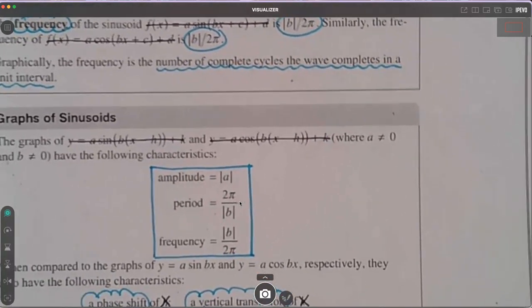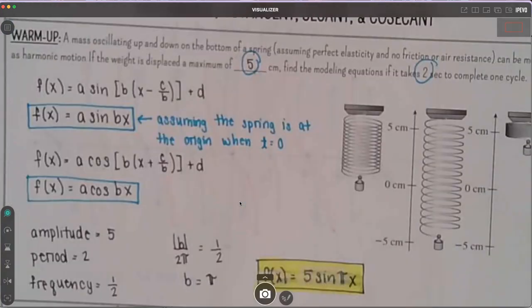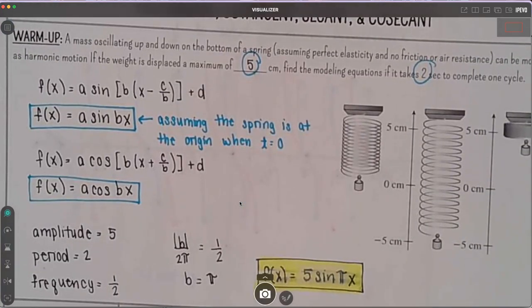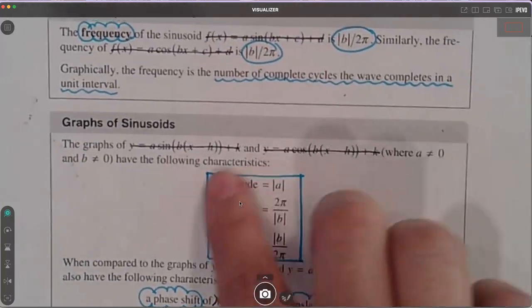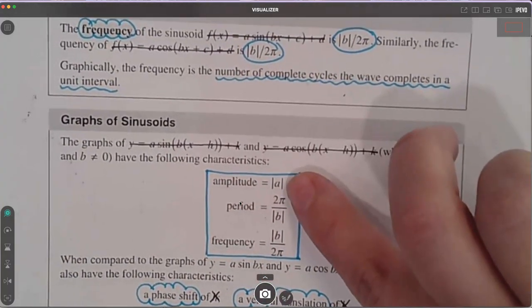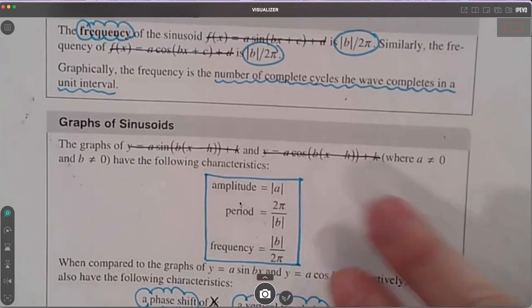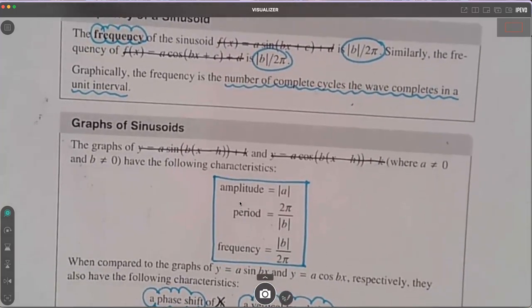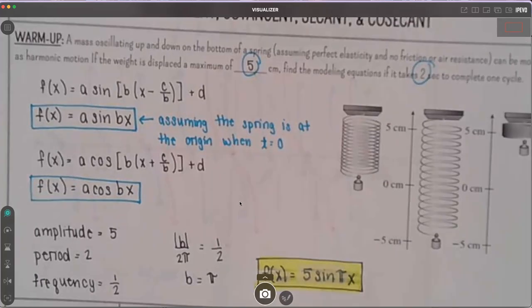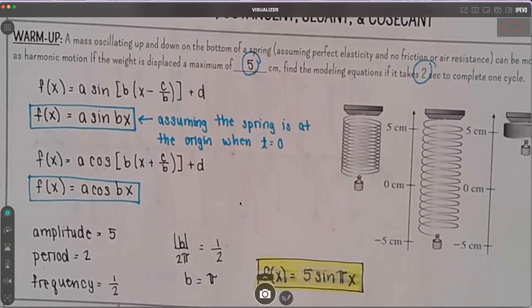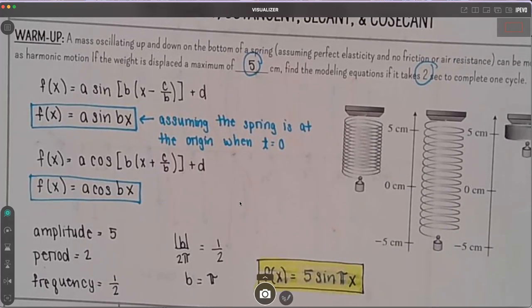You can figure out what b is using those formulas. I do recommend that you memorize these formulas. Amplitude's pretty easy. Period and frequency are just reciprocals of each other. Any other questions on this one?